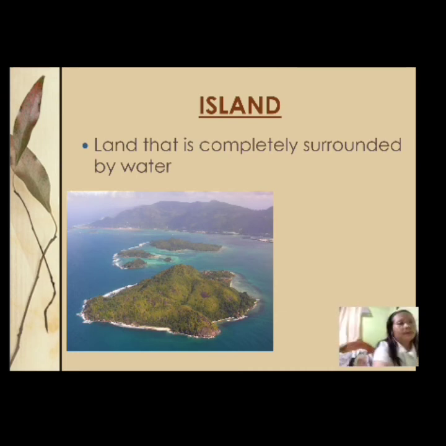Islands are located in different places in the world, like the Hawaii Islands. In the Philippines, there are islands in Pangasinan located in Alaminos. It is called the Hundred Islands.